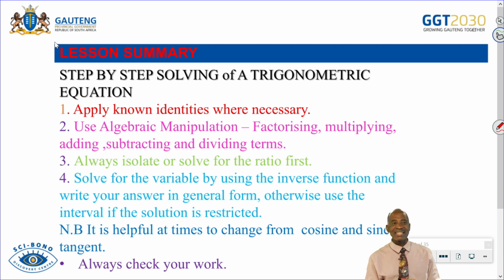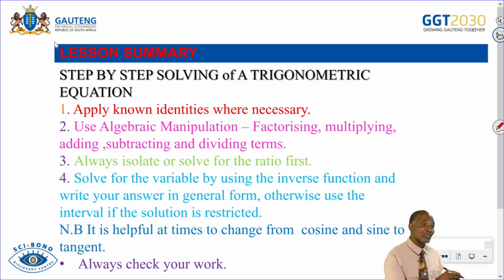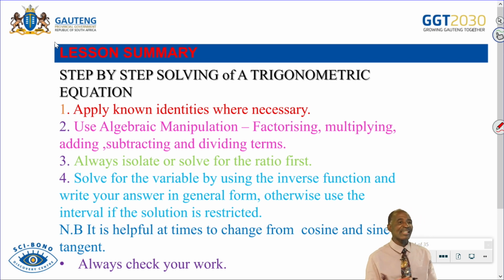Otherwise, you use the interval if the solution is restricted. Then it is sometimes helpful, like I have already indicated, to change cosine and sine to tangent. Otherwise, it will be difficult for you to solve the equation if there are 2 functions in one.